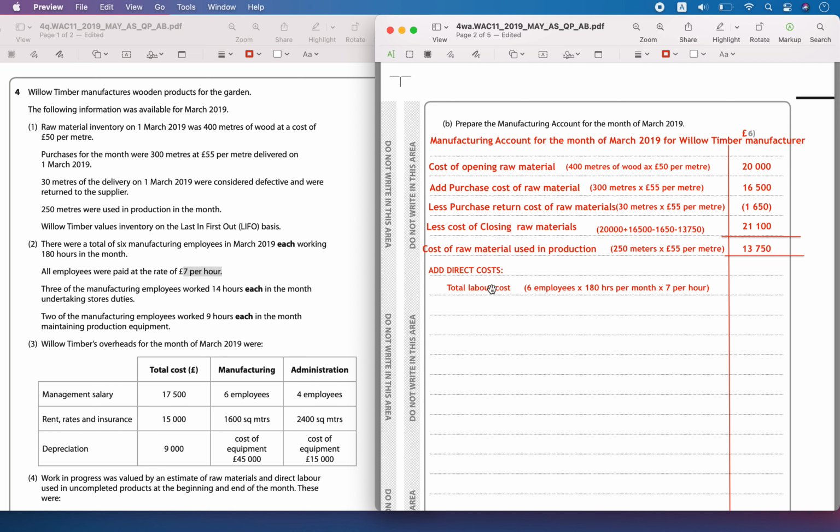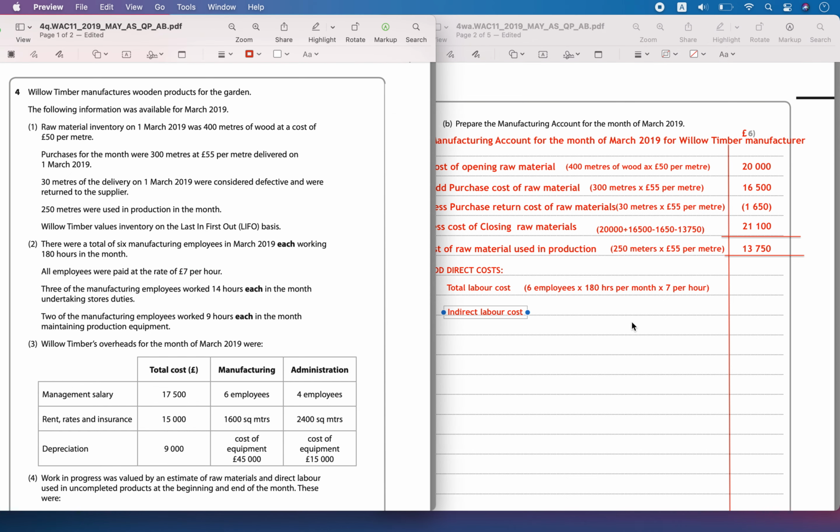So we have to calculate the direct labor cost for manufacturing. The cost that's not related to manufacturing is the indirect labor cost.